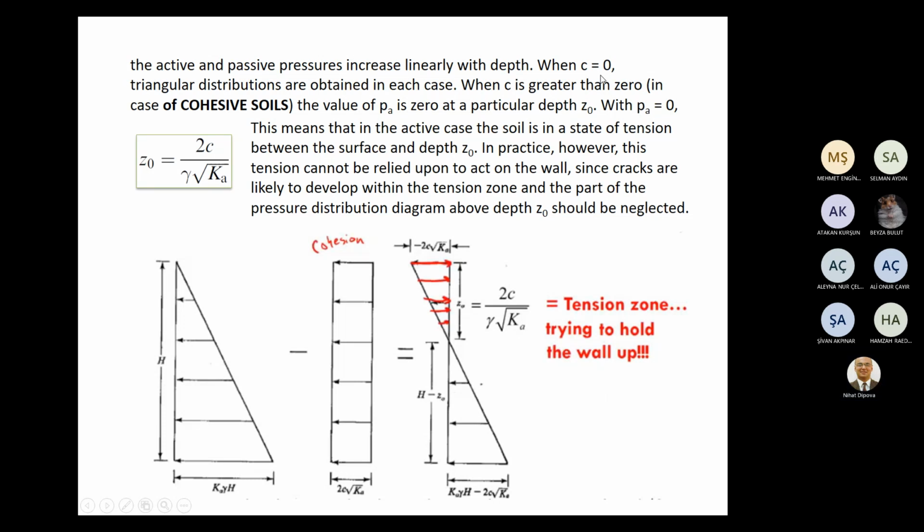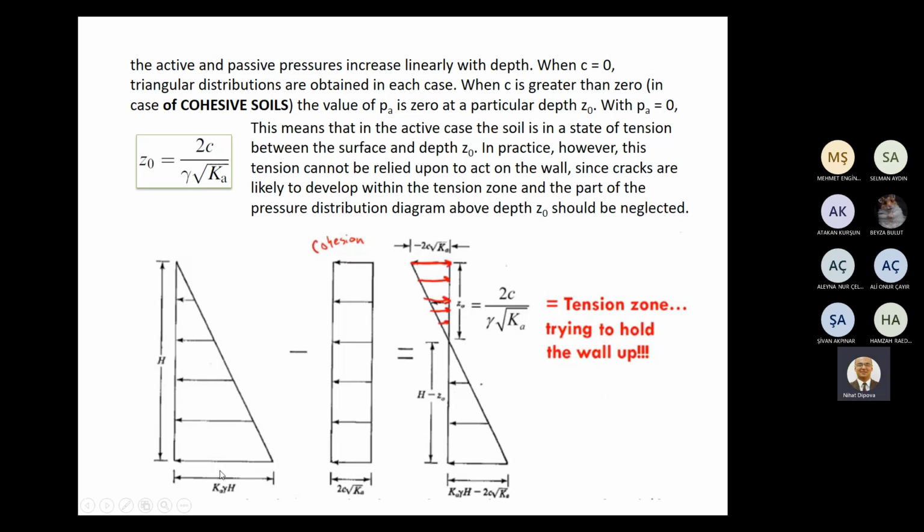So in this case, the soil is called cohesive soil. The value of PA is 0 at a particular depth.